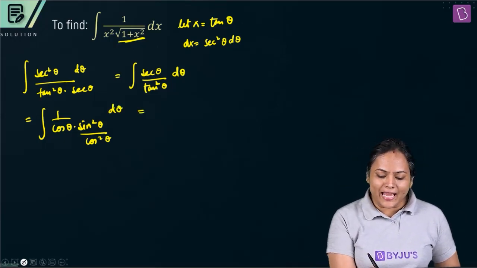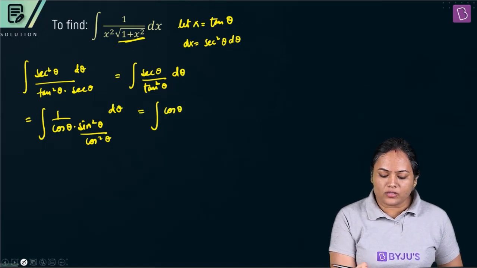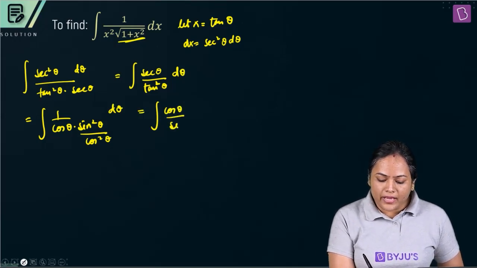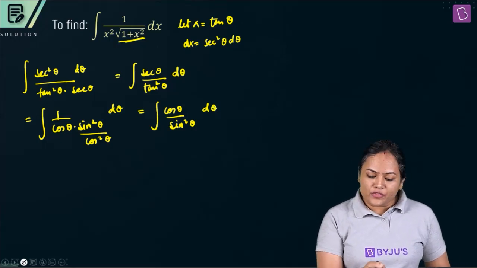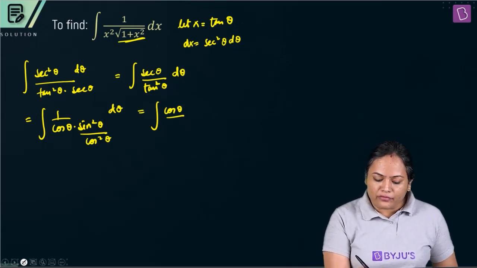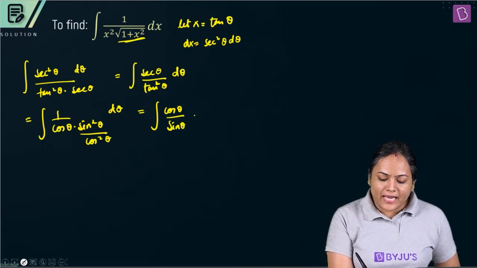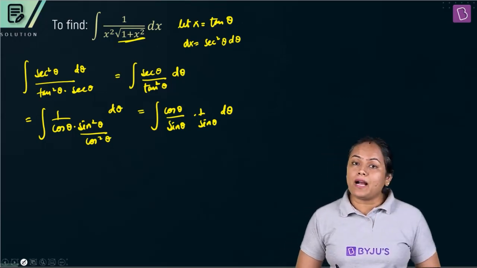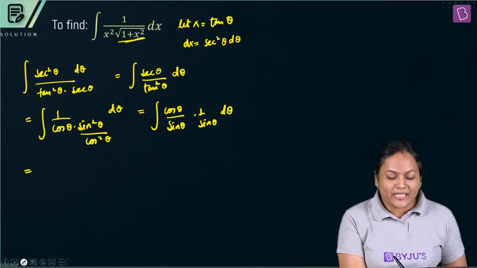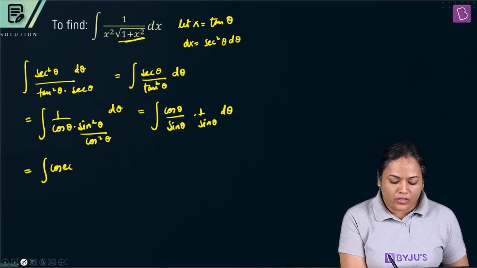Further, this can be written as the integral of cos theta divided by sine square theta d theta. And this further can be written as the integral of cos theta by sine theta into 1 by sine theta d theta. And what has it become? Well, it has finally converted to the integral of cosec theta cot theta, guys.